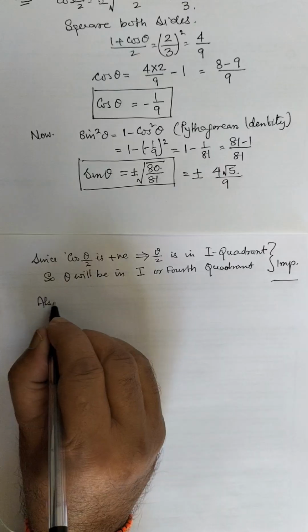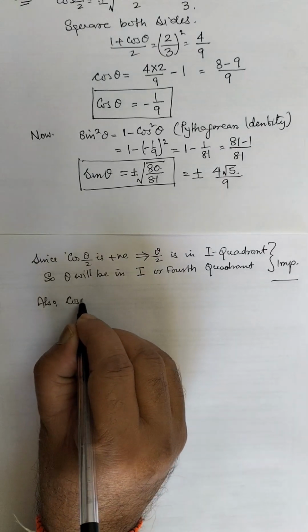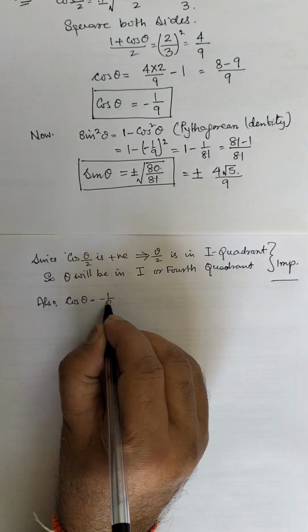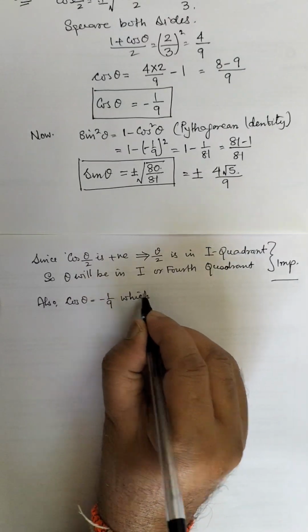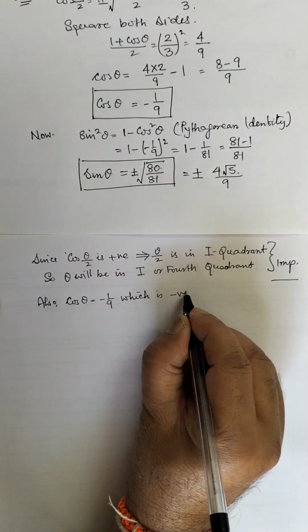And also, cos theta is minus 1 by 9, which is negative.